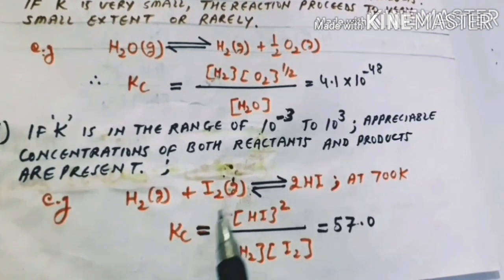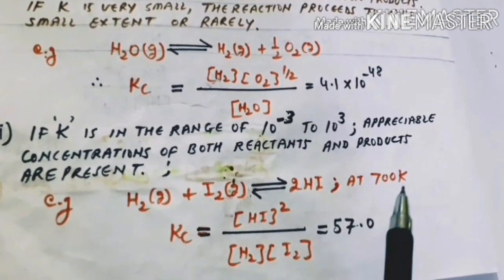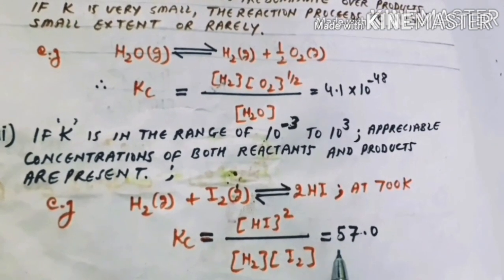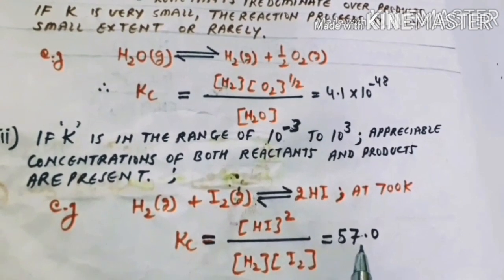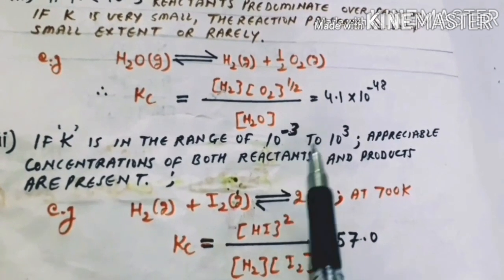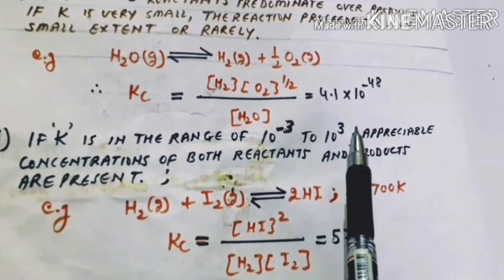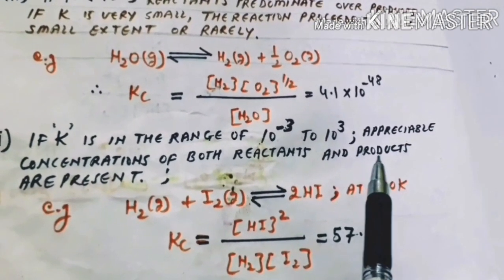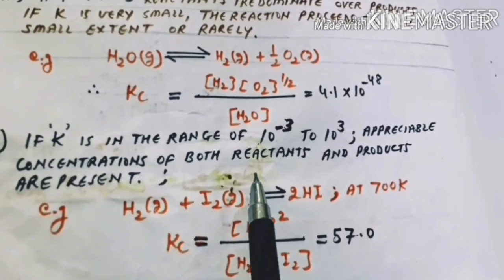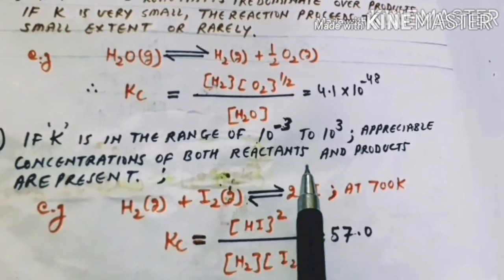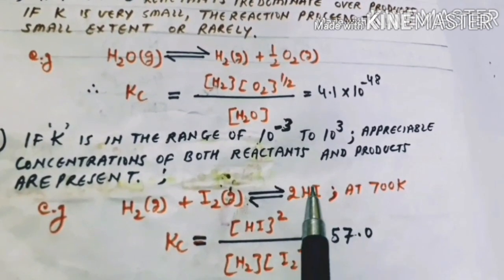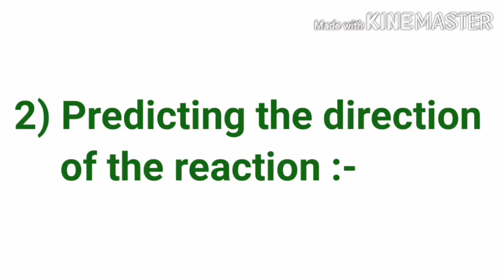So the value of equilibrium constant Kc at 700 Kelvin temperature is equal to 57. So this value lies in the range of 10^-3 to 10^3. So it means there are appreciable concentrations of both reactants and products in the reaction mixture.